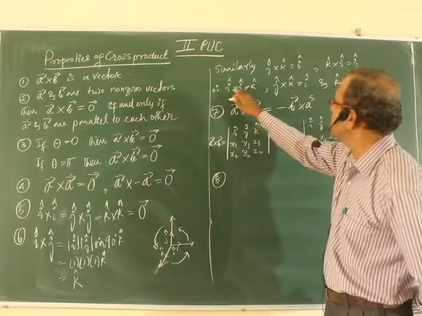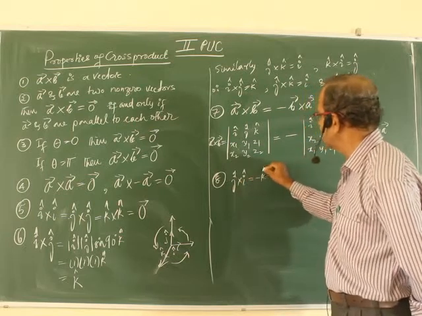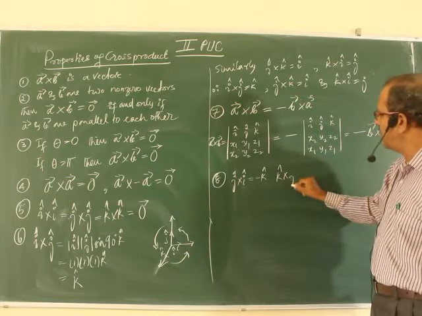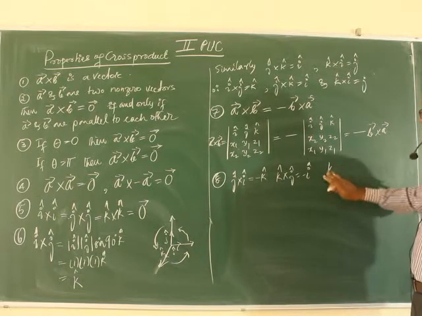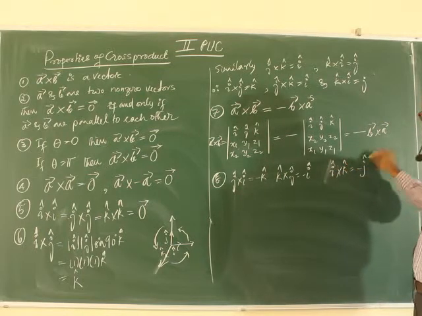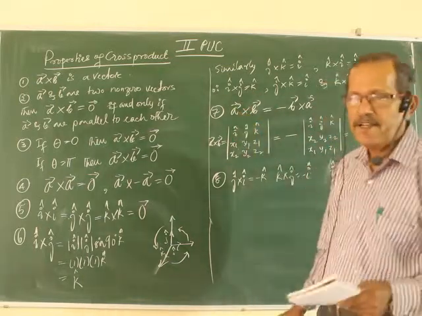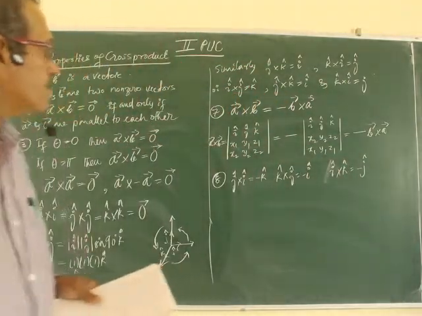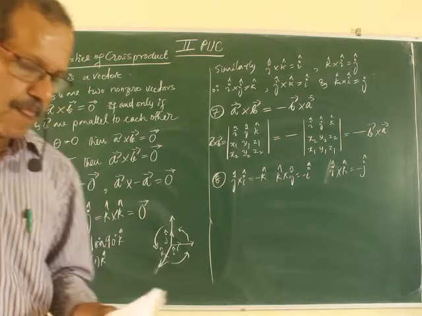Anyway, the 8th one is reverse this. j cross i equal to minus k, therefore k cross j is minus i and i cross k is minus j. Just using this property you can write, if you interchange the vectors you get minus. Property number 8 is over.